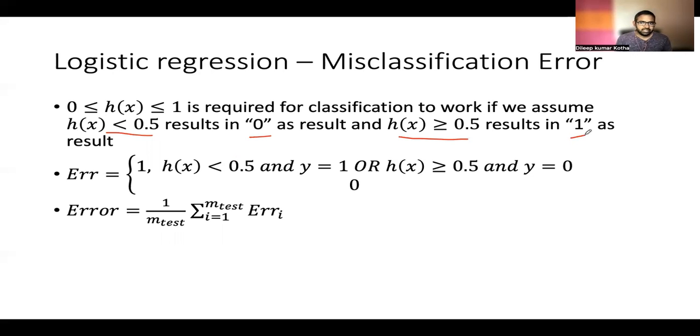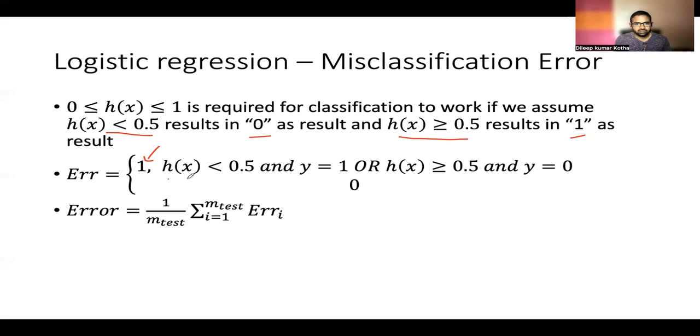Now, what will be the error here? If we again split the data into training data and test data, and in the test data we start looking at the error part, the error will have the value of 1 for a given record in the test data if h of x is less than 0.5 and y equals 1.